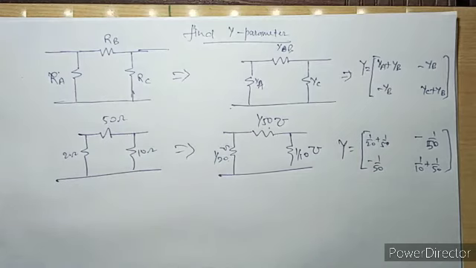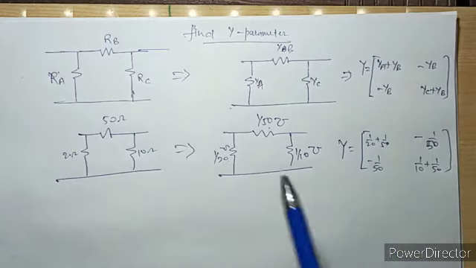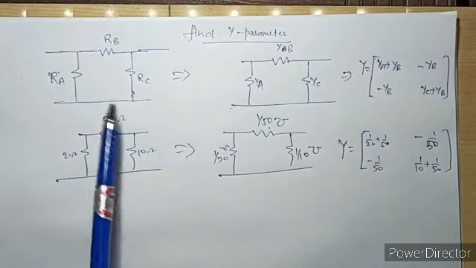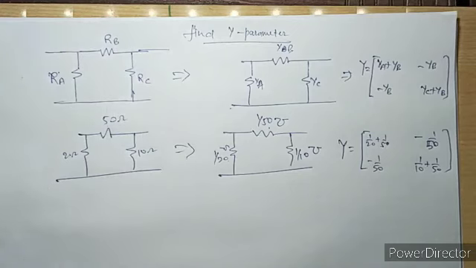Means if a network is given in pi form and it is asked to find Y parameter, we will calculate directly using this, right? And for that, first of all, we have to find its admittance for the given resistance. And if in the question the admittance is already given, then we don't have to take the reciprocal once again, because if we take the reciprocal, that quantity will become the resistance again.